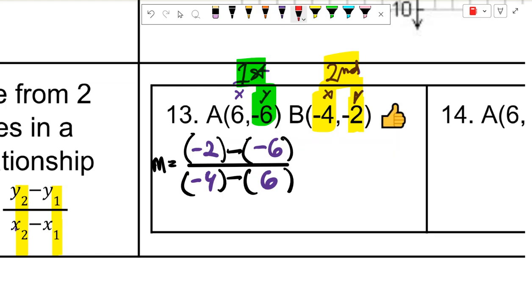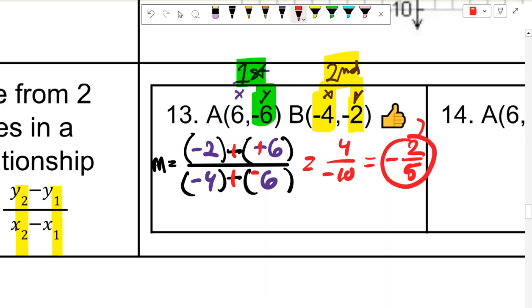So we have a subtraction sign going up here, so we're going to use additive inverse and additive inverse, and now we will do the math. -2 plus 6 is 4. -4 plus -6 is -10. 4 over -10, or -4/10, can be reduced down to -2/5. See how that comes out? And that is definitely a thumbs up.